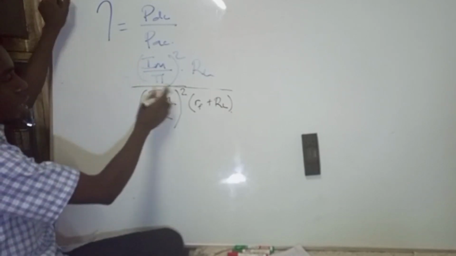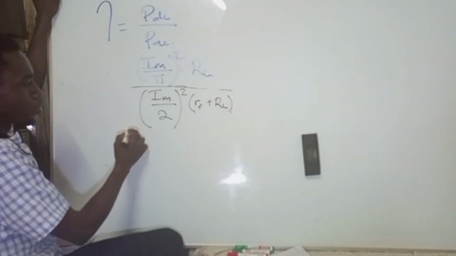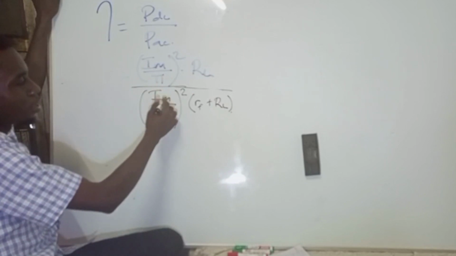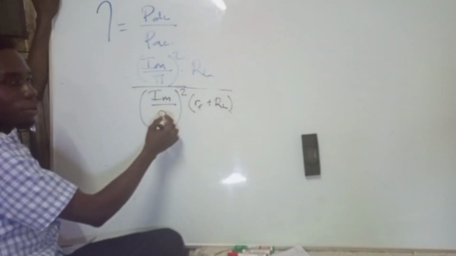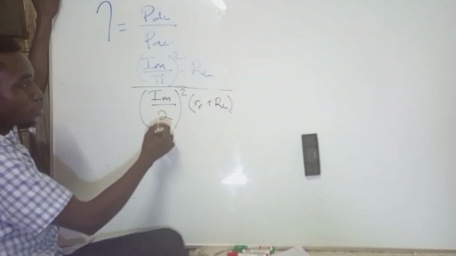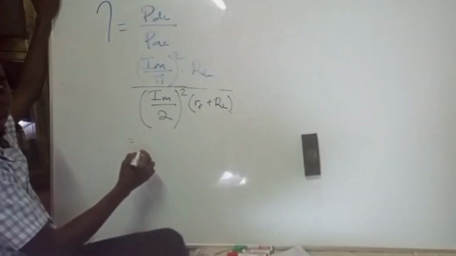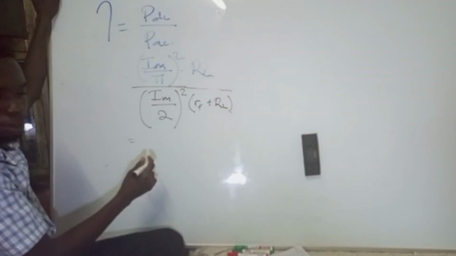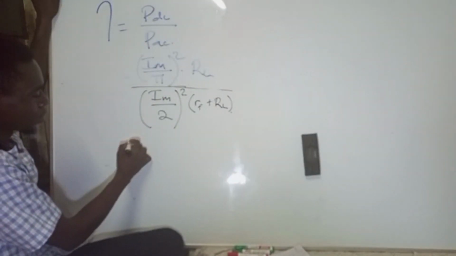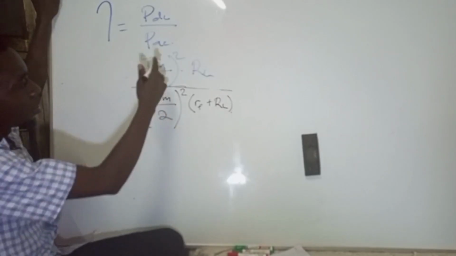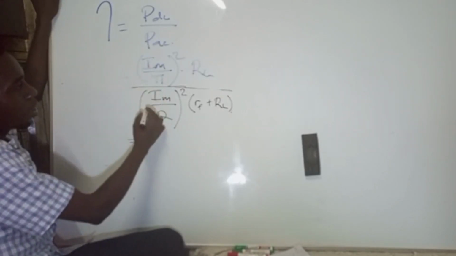The IM and the IM will cancel, and I will have 1 out of pi squared divided by 1 out of 2 squared.